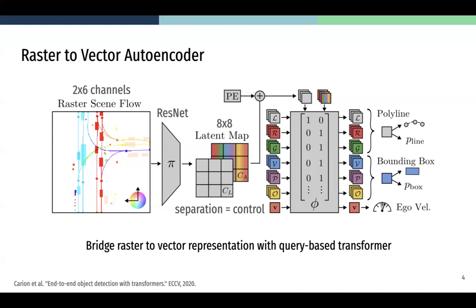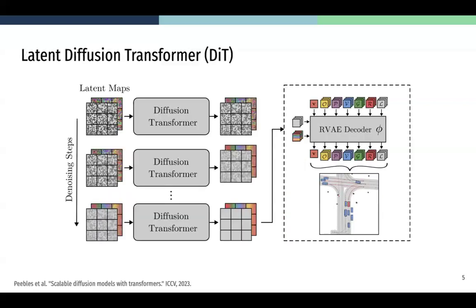These latent maps are passed through a learned decoder, which, given some learned queries, can generate vectorized entities again from the original format used in the vectorized simulation environments. And this entire setup closely matches detection transformers or DETR and is trained with the Hungarian matching loss objectives used in these type of architectures.